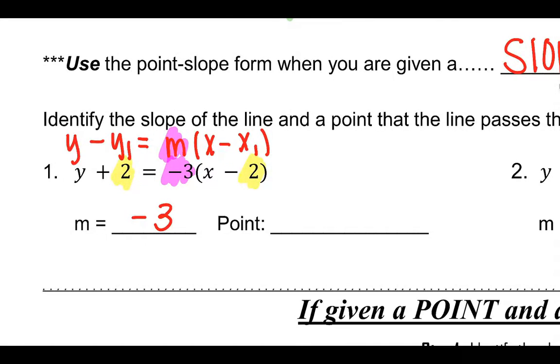Here's my y1. Now I've got to look at these points pretty carefully because in the formula, if you notice, they always use a subtraction sign. They're always being subtracted. So if you think about it, if I plug in a negative 2, I would have minus a negative, which really turns into a positive. So that's what's happening here. I plugged in a negative 2.